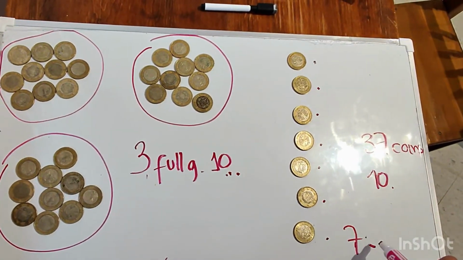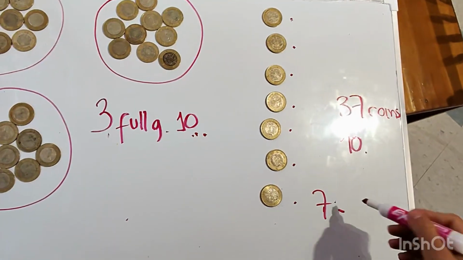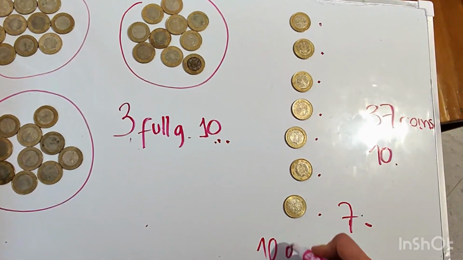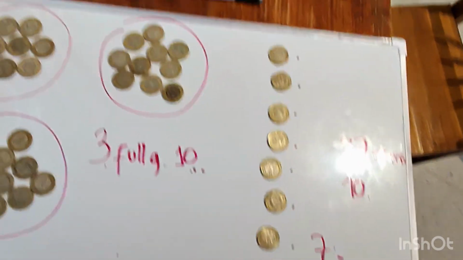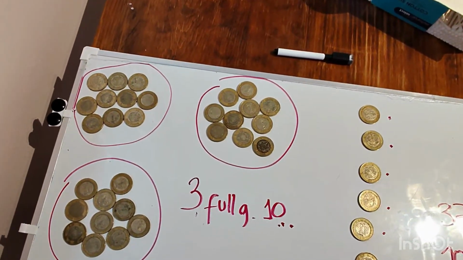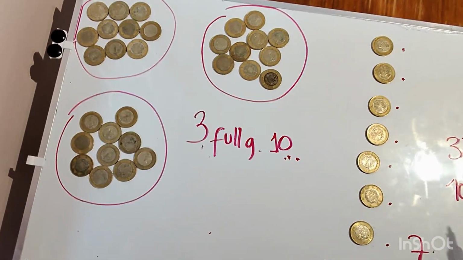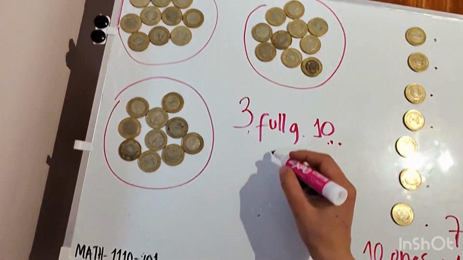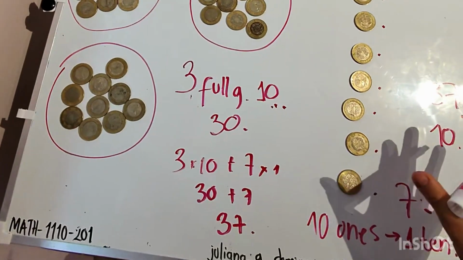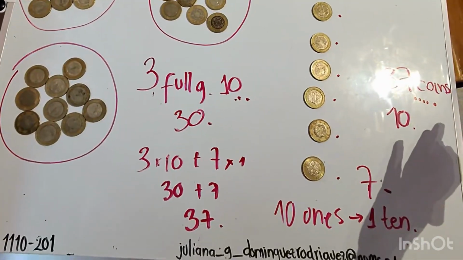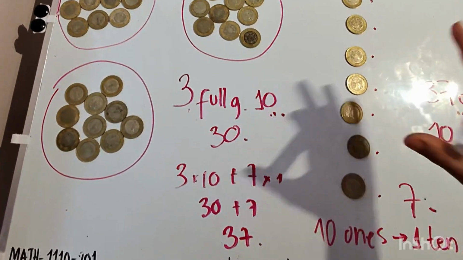These 7 ones cannot make a ten because it needs to be 10 ones to make 1 ten. If I ask you how many coins are in 3 groups of 10, the answer would be 30. These examples help to see that division is really about making equal groups and identifying what remains.